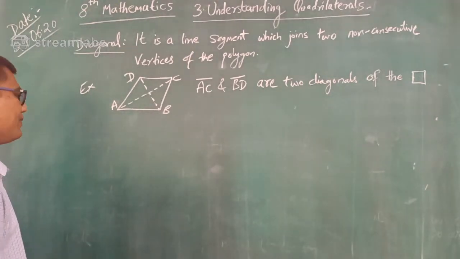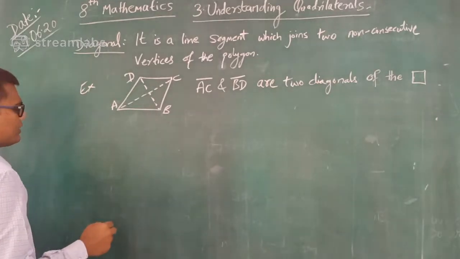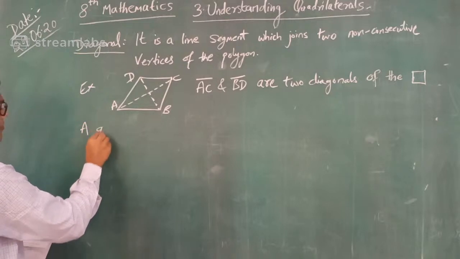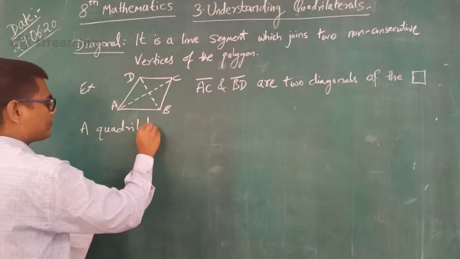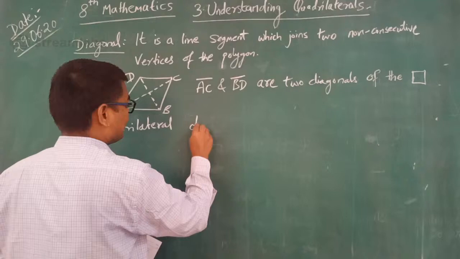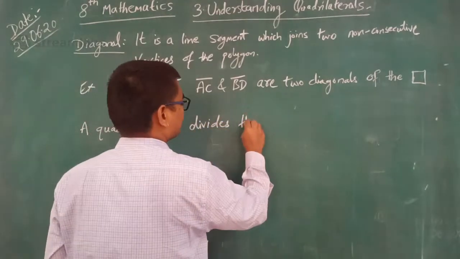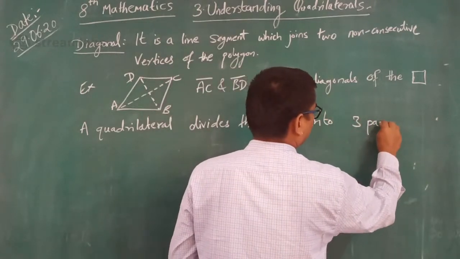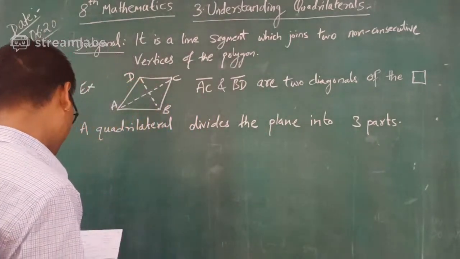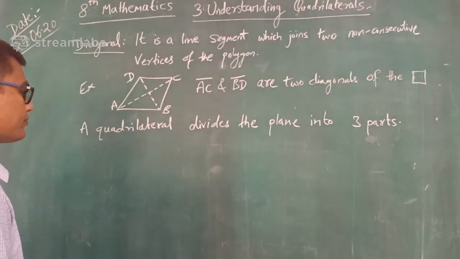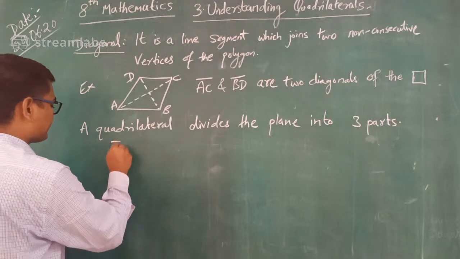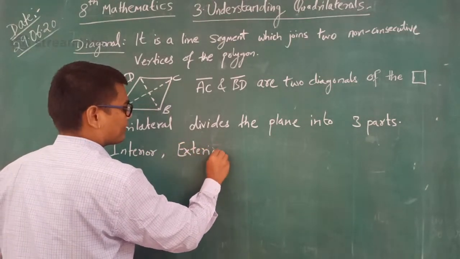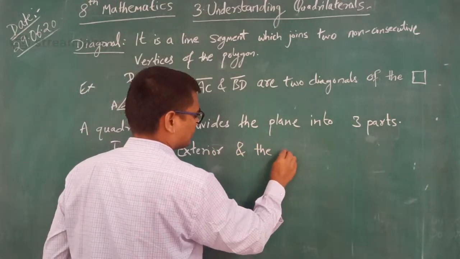A quadrilateral divides the plane into three parts: interior, exterior, and the quadrilateral itself.